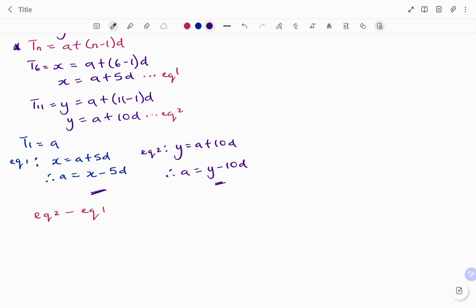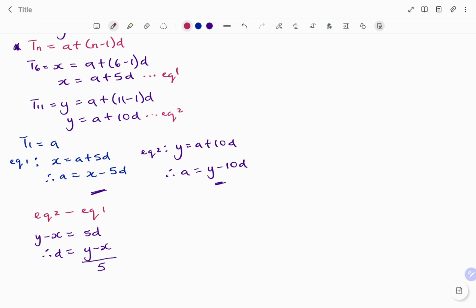What that is going to give us is y minus x equals a minus a, which gives us 0, then 10d minus 5d will give us 5d. And from here, dividing both sides by 5, I have my common difference d equals y minus x divided by 5.